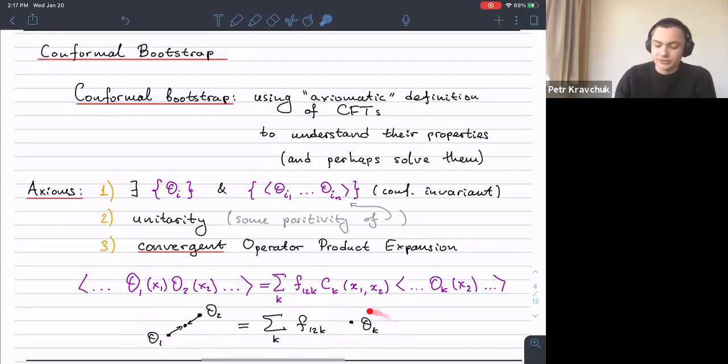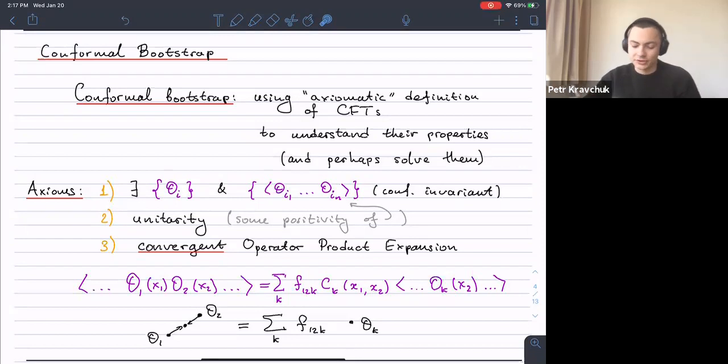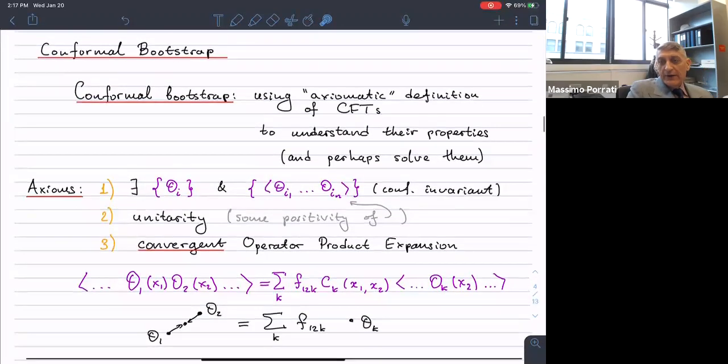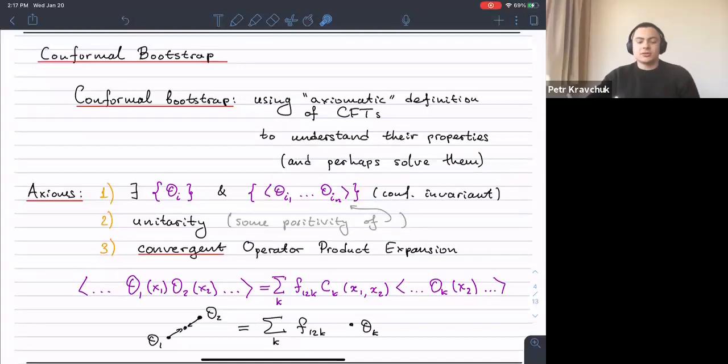In general QFTs, this is considered to be an asymptotic expansion, but in conformal field theories, it's known to have a finite radius of convergence. Sorry, this is in Euclidean space. Yes, so it's simplest to state in Euclidean space. It also works in Lorentzian signature because the correlation functions are the same, they are just analytic continuations of each other.